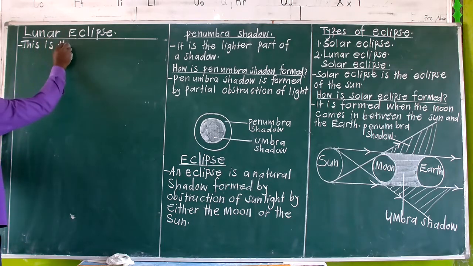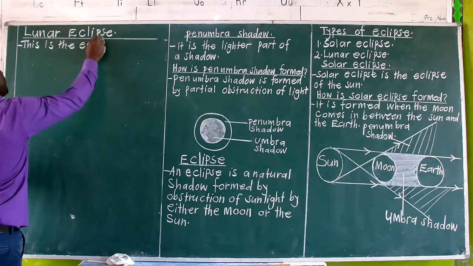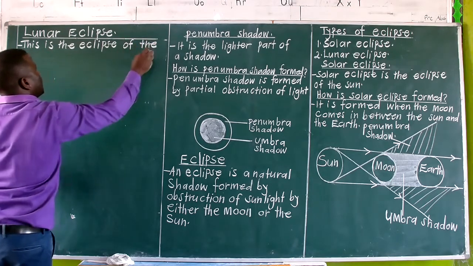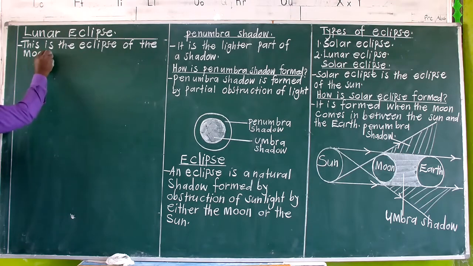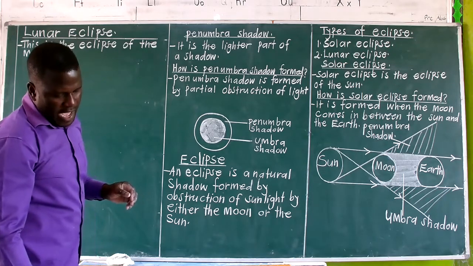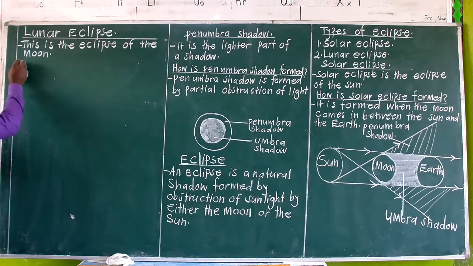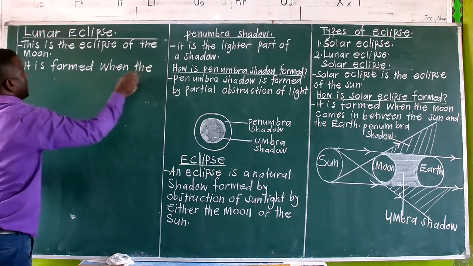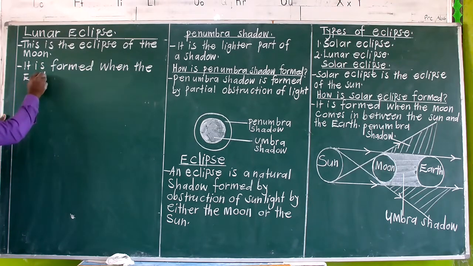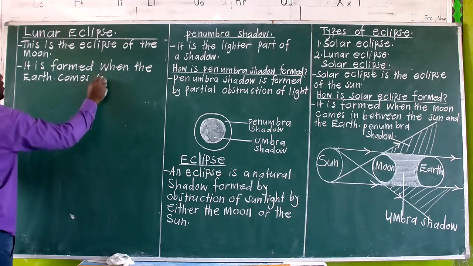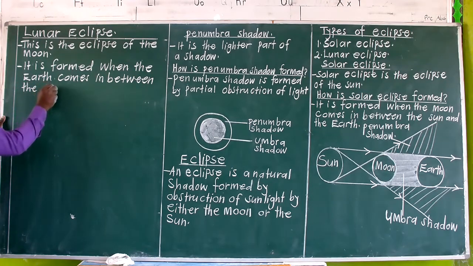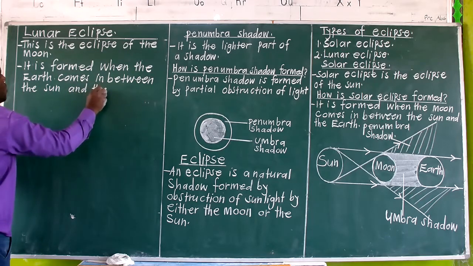This is the eclipse of the moon, and it's formed when the earth comes in between the sun and the moon.